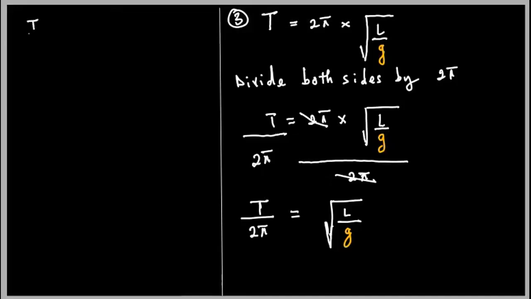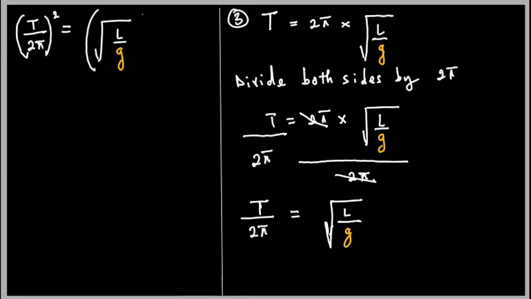So I'll have T over 2 pi equal to the square root of L over G. This is just the previous equation. So I'm going to square both sides of this equation, so that the square will cancel the square root.